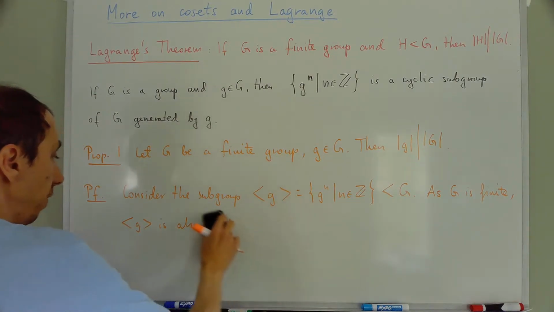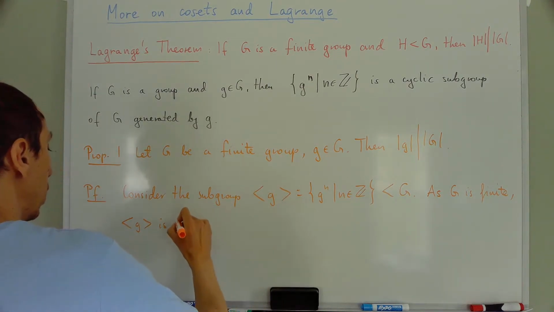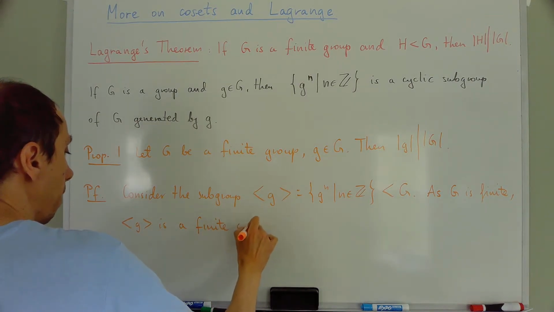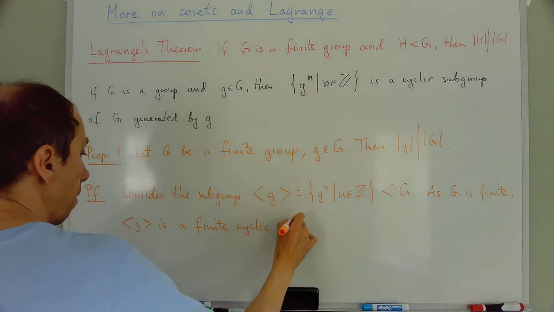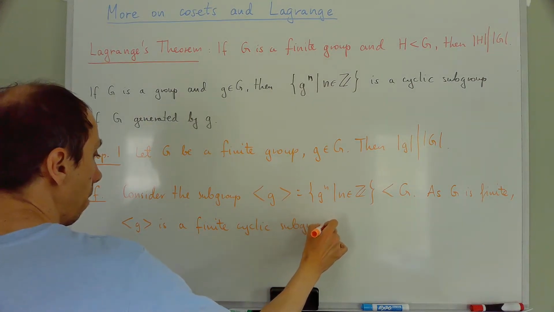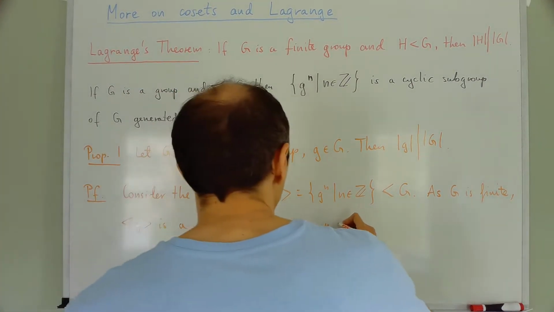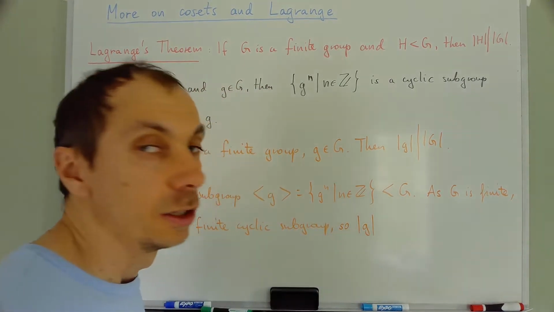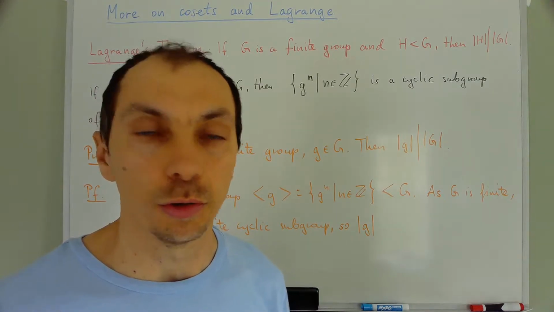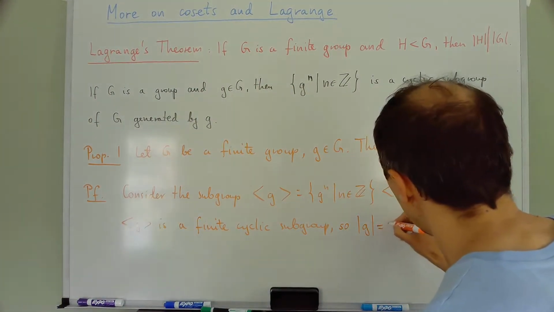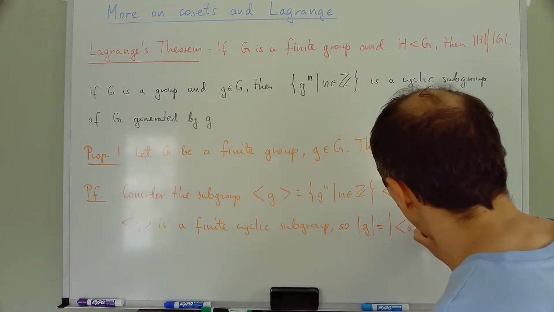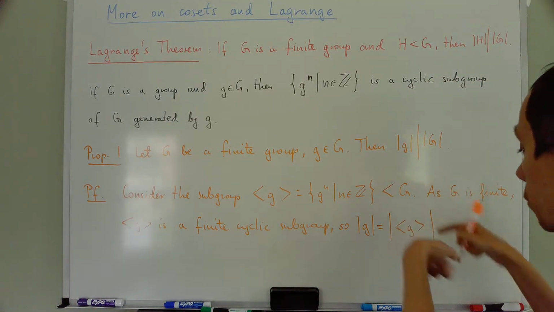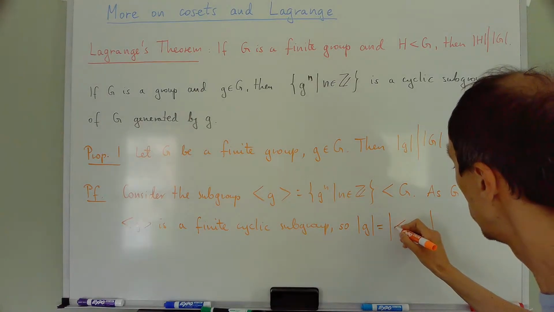Maybe let me just say it's a finite cyclic subgroup. So we know that for finite cyclic subgroups, the order of the generator is equal to the order of the group. So it's the order of the group generated by g.